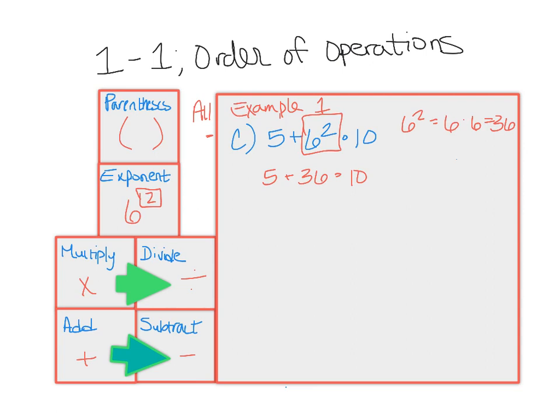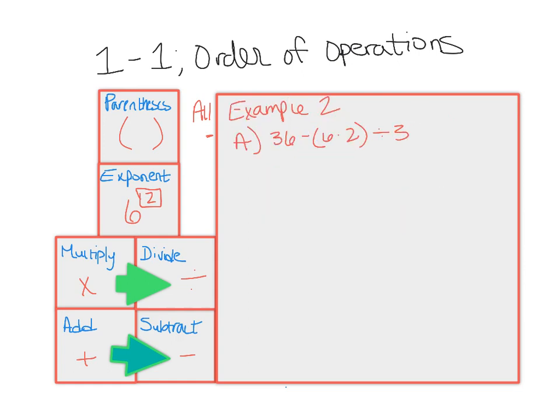However, I do have multiplication from my multiply and divide step. 36 times 10. So I bring the 5 down, and then 36 times 10 is 360. You could use a calculator for that if you want. And then I only have one more operation left, so I know that's the only thing I can do, and I get 365. All right?